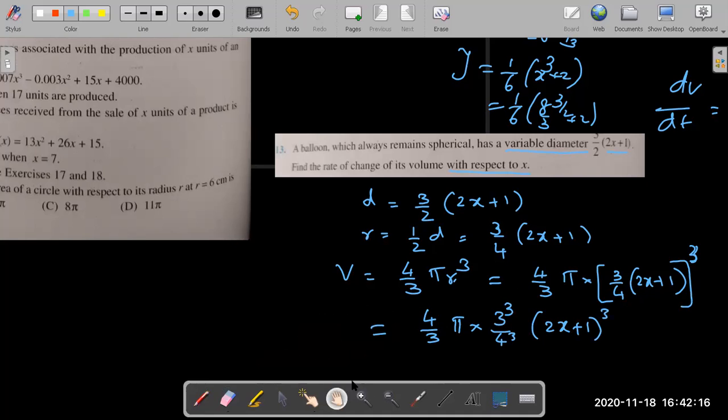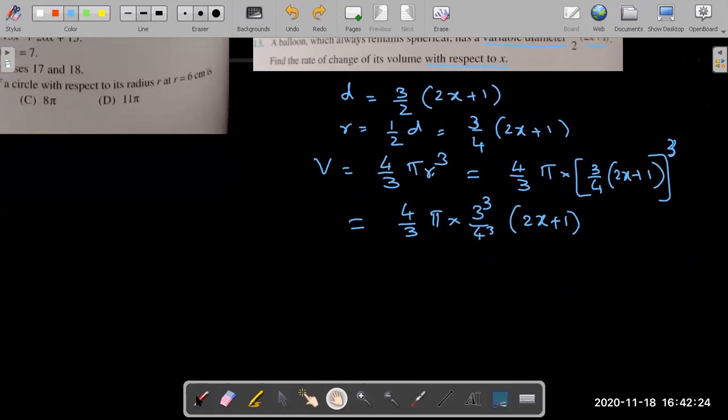One 3 gets cancelled, so it becomes 3 square. One 4 will get cancelled with this, that becomes 4 square. So 9 by 16 pi into 2x plus 1 whole cube.